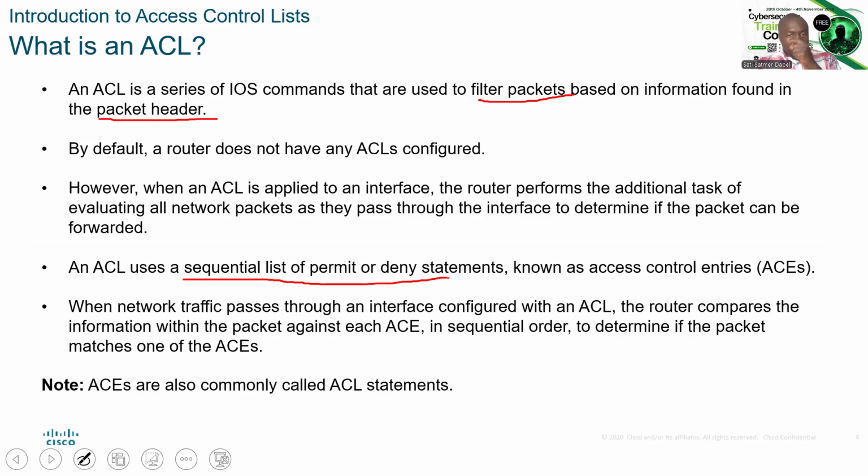When network traffic passes through an interface configured with an access list, the router compares the information in the packet against the access control entries, ACE, in sequential order to determine if the packet matches one of the access control entries or not.